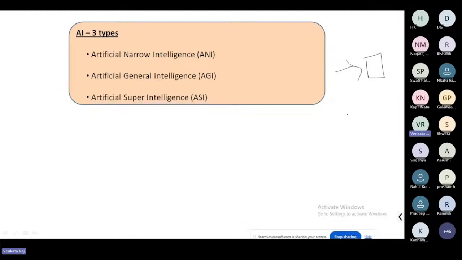Whatever data we give, they analyze it and get trained, and in the future, whenever we provide any input, they give us the output based on the training only. Understood, everyone? We'll discuss further on that.